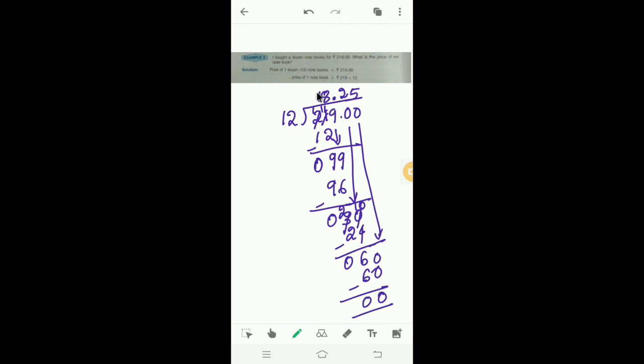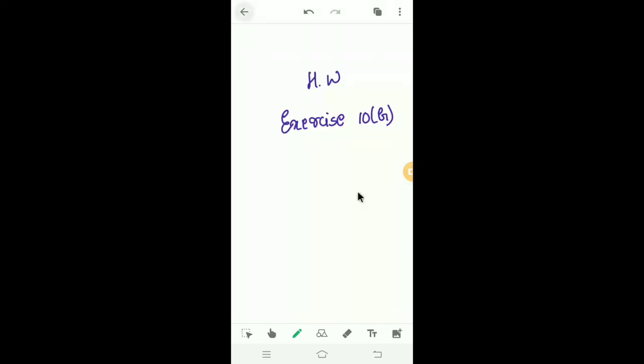So the answer is rupees 18.25 paise. Today's homework: solve exercise 10G in your math book.